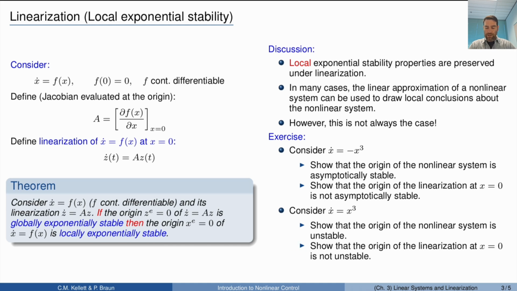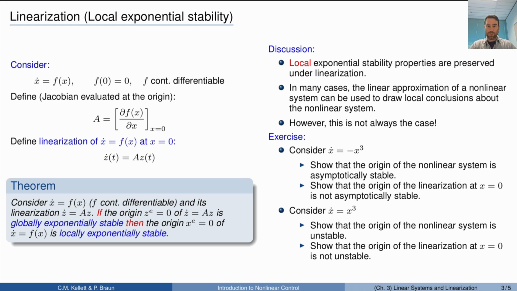We have the difference here that we start with these system dynamics, two nonlinear systems. We can show that the origin of these nonlinear systems in one case is asymptotically stable, and in the other case is unstable.